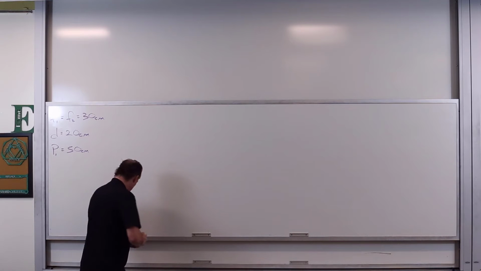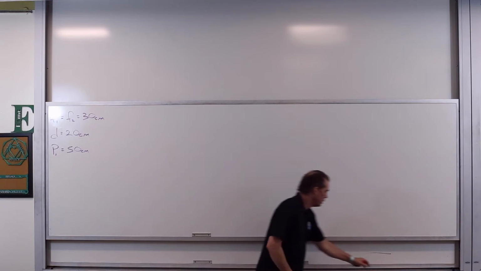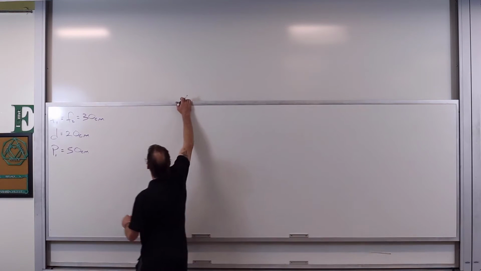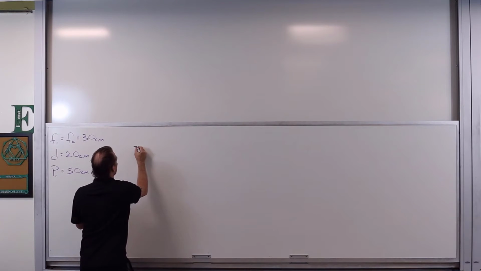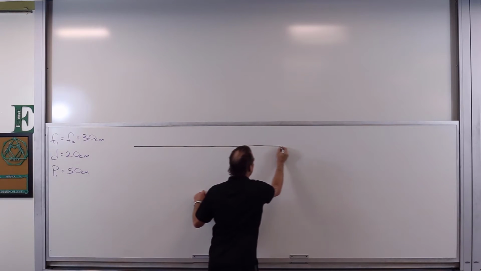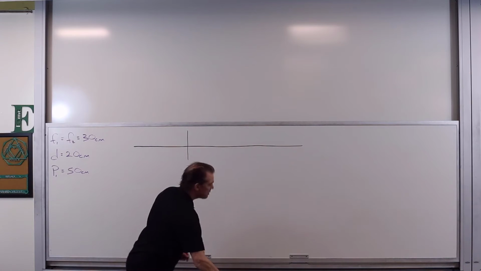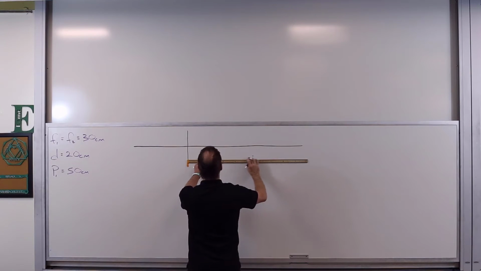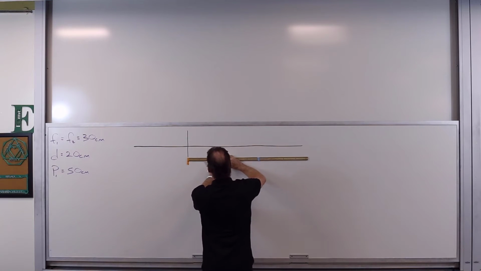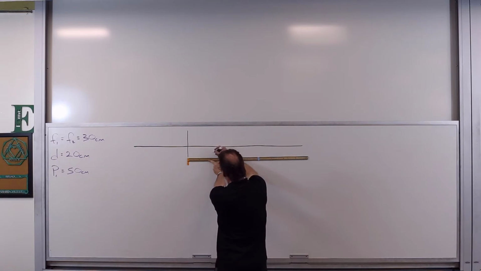So let's take a different color. Here we go. Draw this out here. We've got a nice principal axis, and a lens number 1 like this. These two lenses are 20 centimeters apart, so there's another lens here.